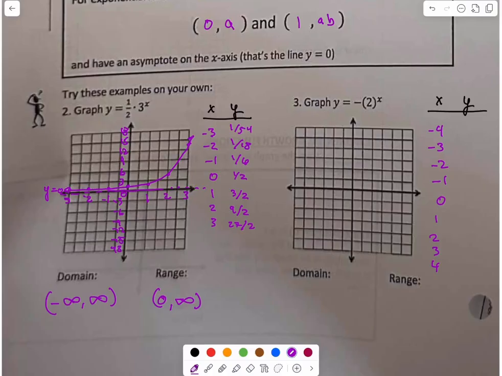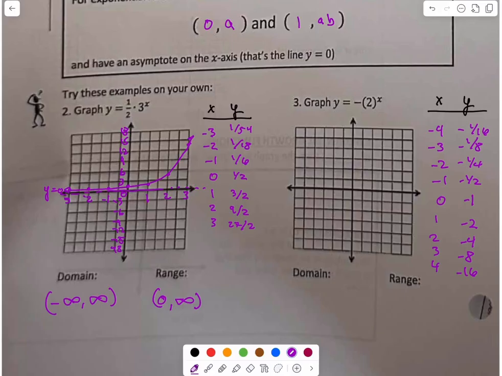Let's just start with 0, it seems easier to start there. 2 to the power of 0 is 1, so the corresponding y there is negative 1. When x is 1, we get negative 2. 2 times 2 is 4, so that's negative 4, negative 8, negative 16. On the other side we get negative 1/2, negative 1/4, negative 1/8, negative 1/16.